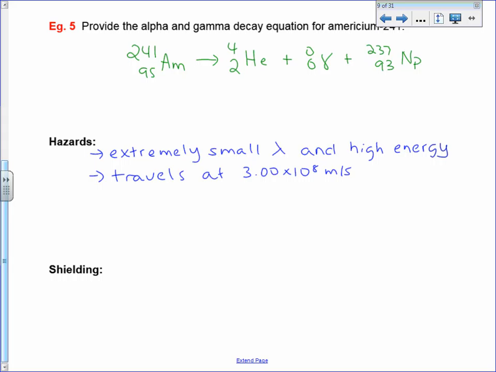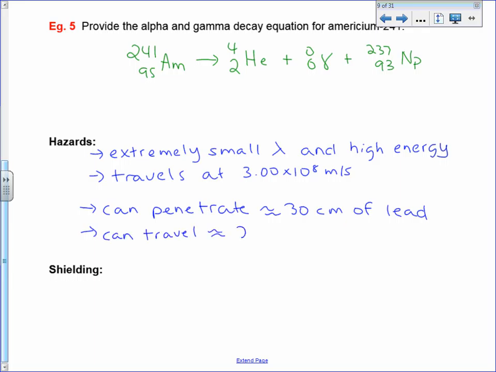They can penetrate about 30 centimeters of lead, and it can travel about 2 kilometers in air.